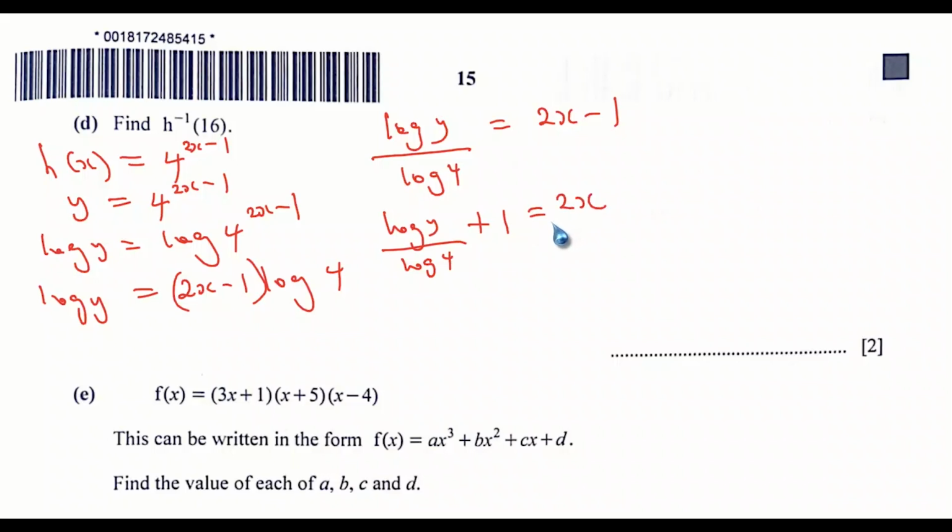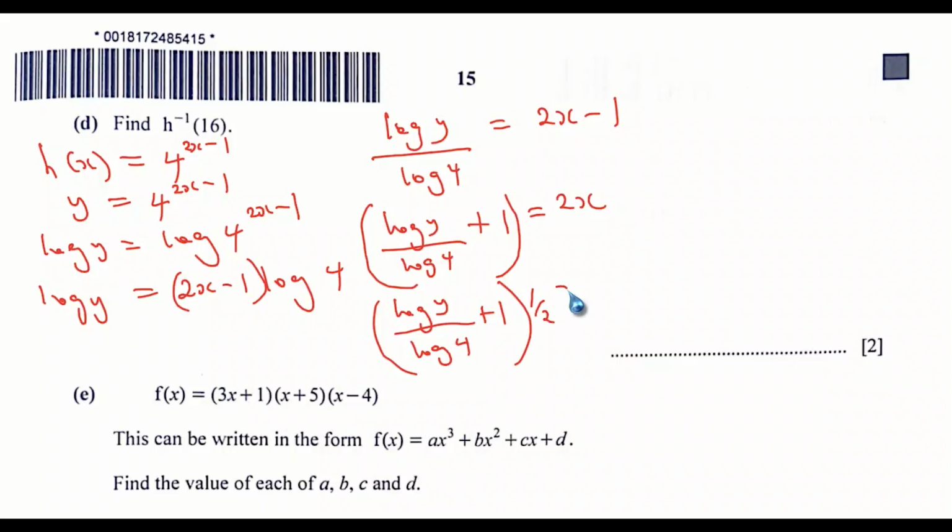So finally we can divide both sides by 2, or you can easily multiply both sides by a half. So that will leave us with log y over log 4 plus 1, multiplied by 1 over 2 equals x.